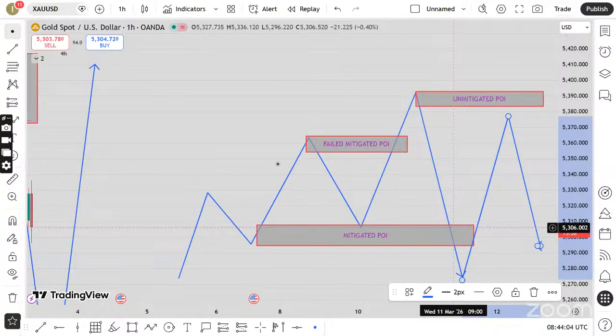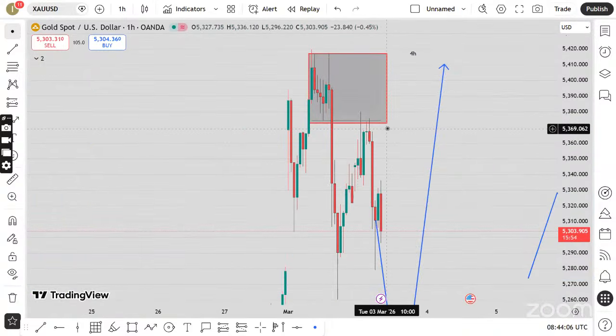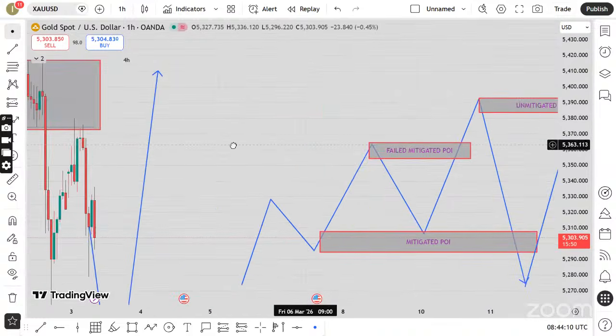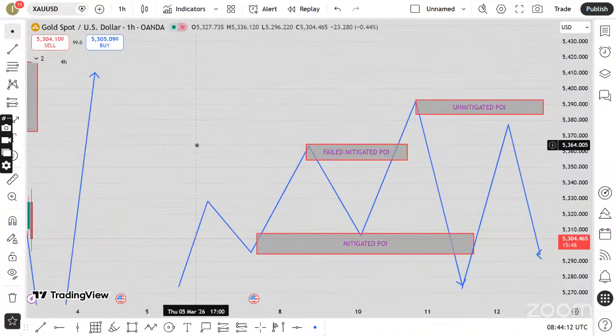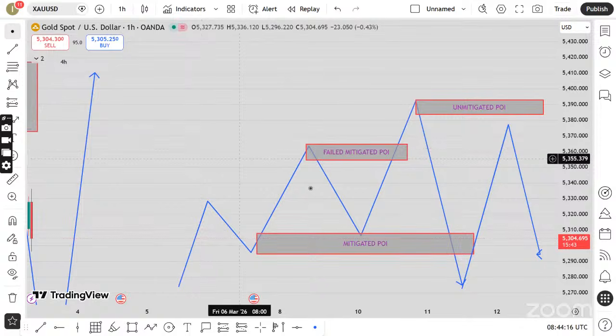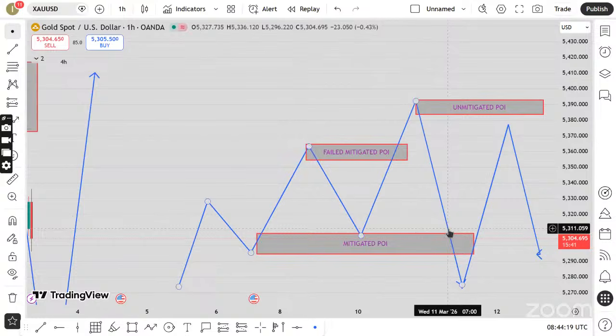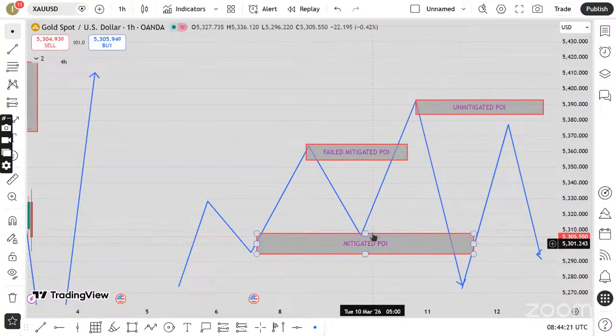Of course, you would see cases where a POI is used back to back. It happens. But for safety purposes, the POI that is effective should be the one that is what? Fresh. All right.